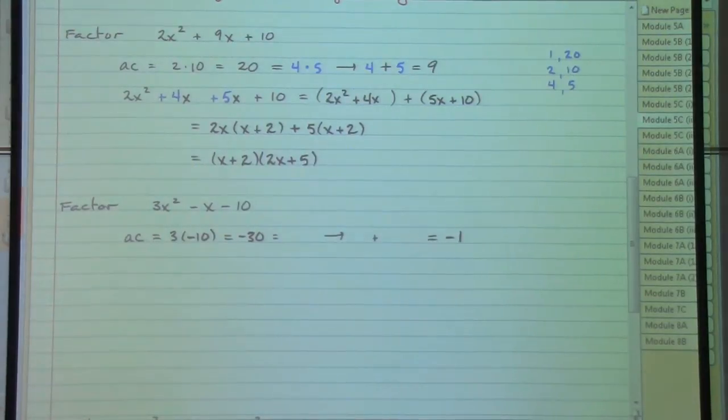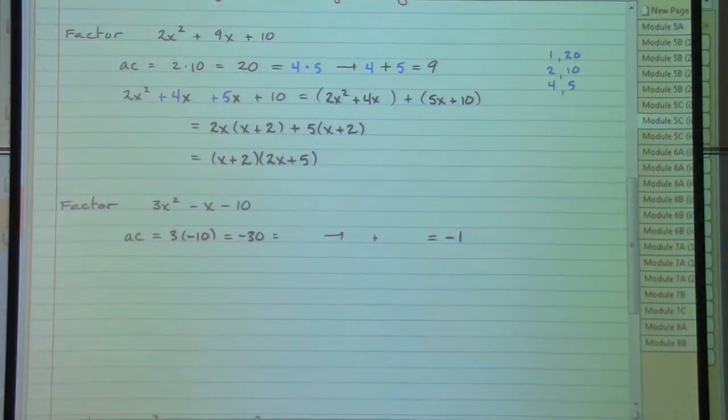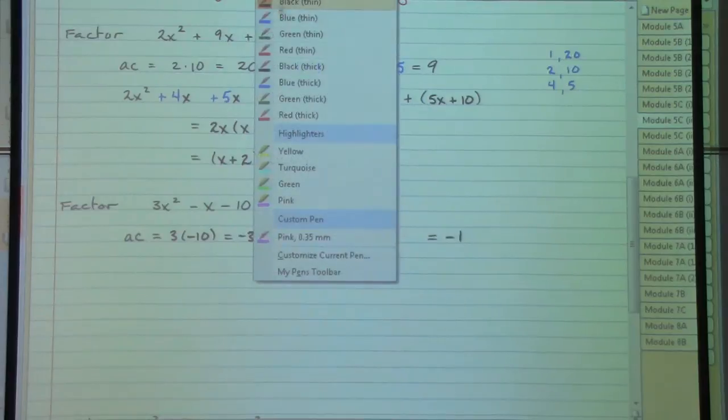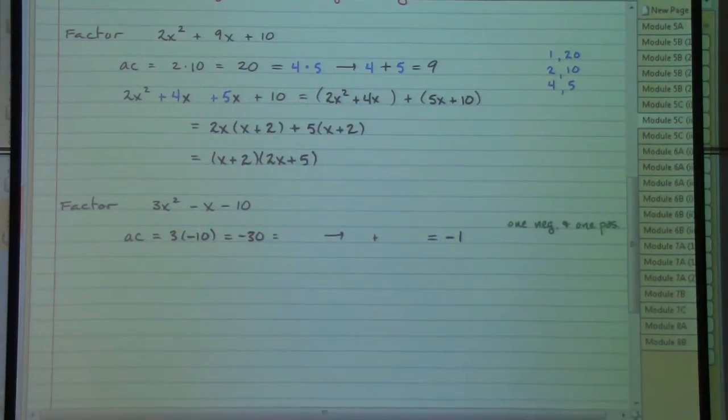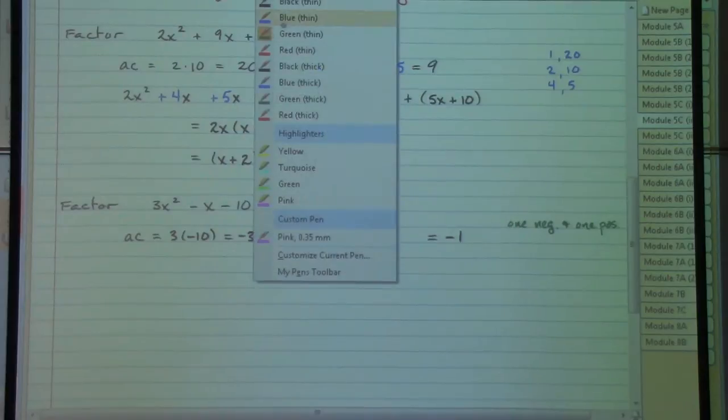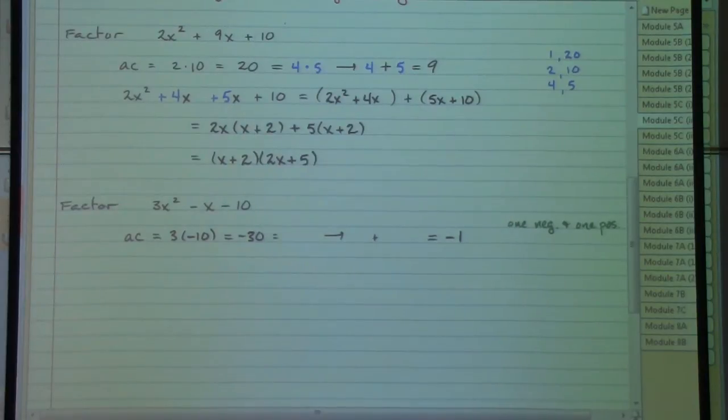Because of the signs here, we can say what would basically have to happen is that we have 1 negative and 1 positive. But we also have to worry about the numbers themselves, so we can go through a list, 1 and 30.